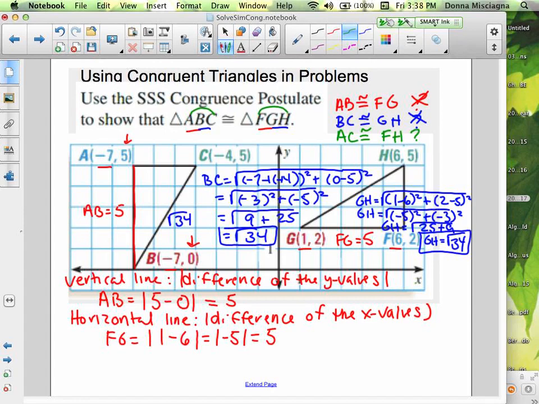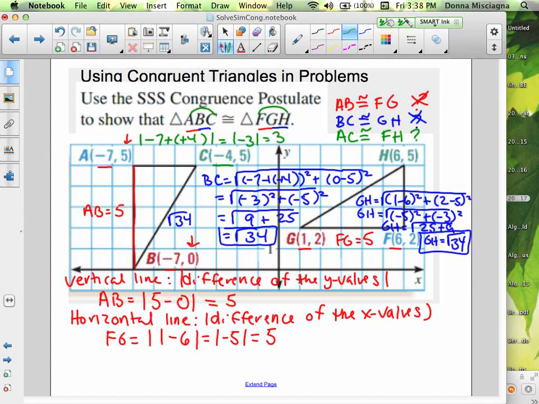So AC, we'll just take the difference in the x coordinates because it's a horizontal line. So I've got negative 7 minus a negative 4. That's the same as negative 7 plus 4, which is negative 3 or 3.